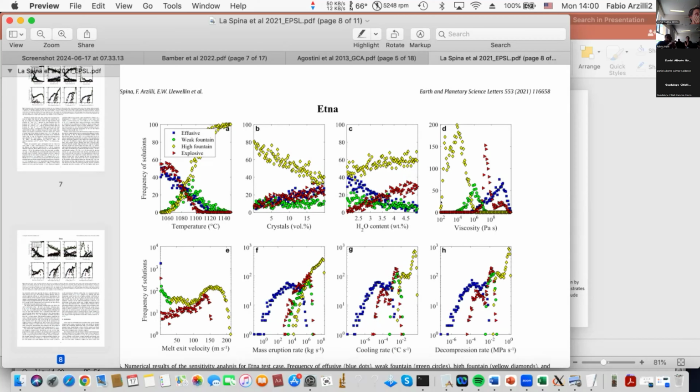You can compare the conditions that you put in MELTS with the anorthite content in the plagioclase, for instance, or the composition of pyroxene, or the forsterite composition in olivine, and compare with your natural sample to say, okay, I match this anorthite number with these conditions. So that is possible to do.